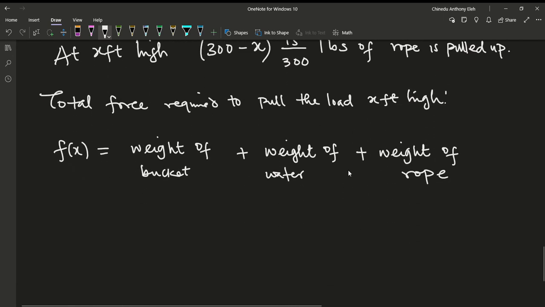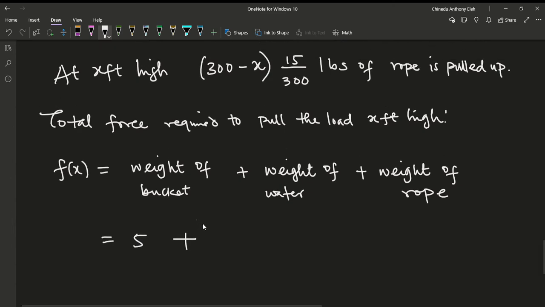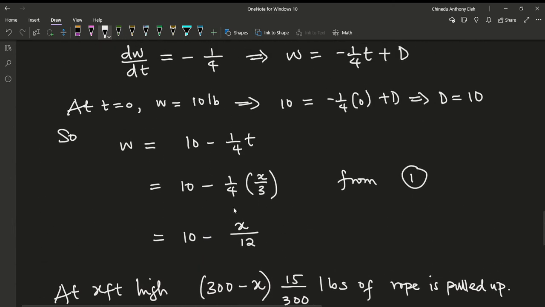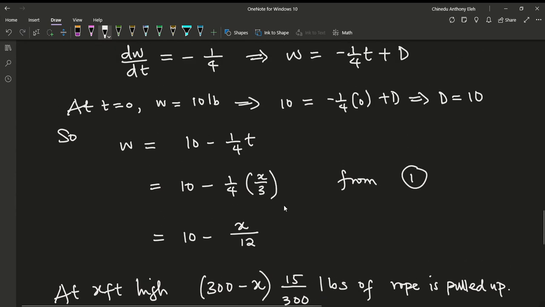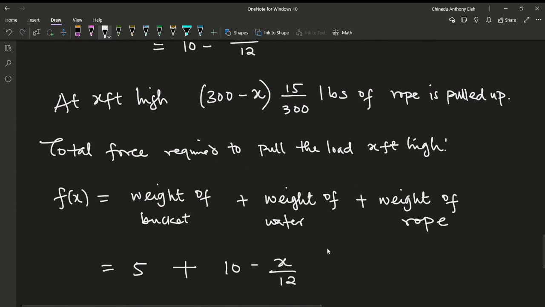So weight of bucket is 5 pounds, plus weight of water is 10 minus x over 12, plus weight of rope, which is given as 300 minus x times 15 over 300.